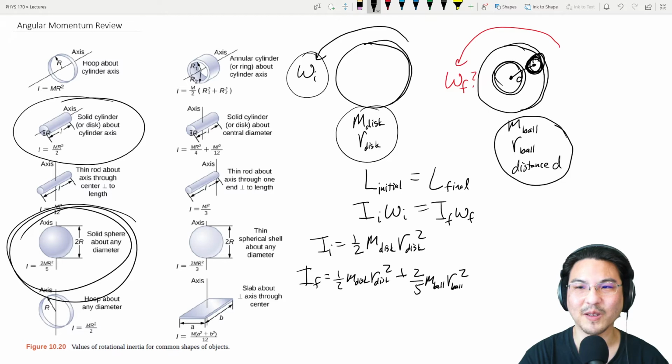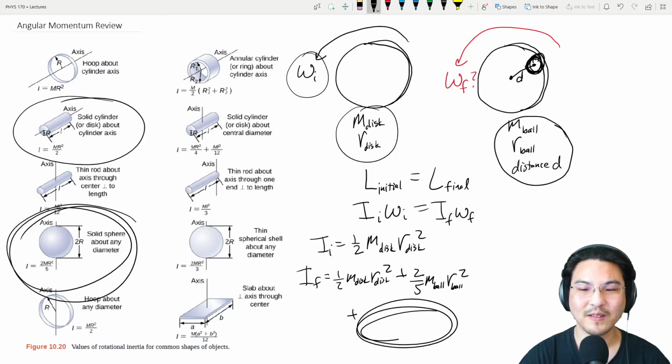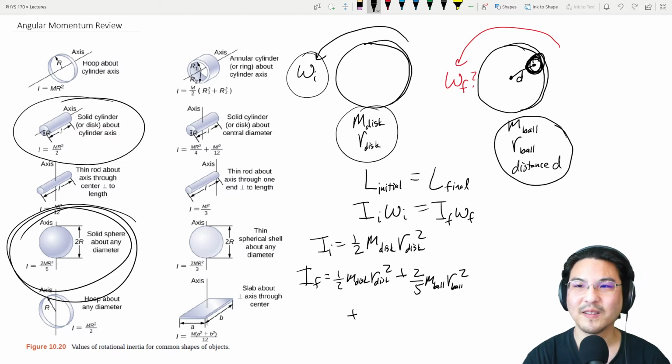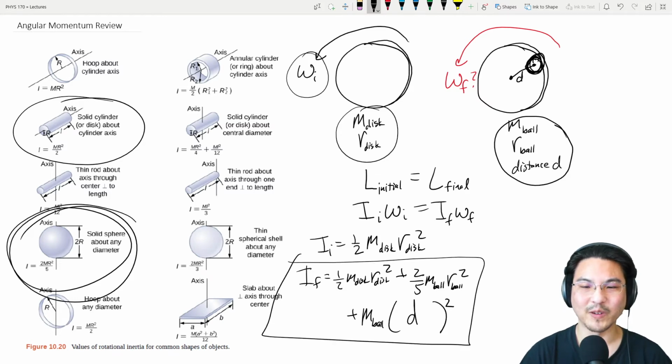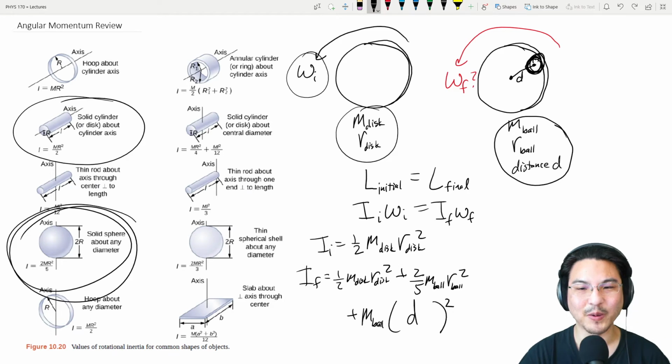It's rotating about the center of the pottery wheel. So plus extra. How much extra? The mass of the ball of clay times the distance between the two parallel axes squared. So what's the distance between the two? Right here, distance d. So there we go. This is the moment of inertia after we drop the clay on the pottery wheel. All right, so now we got everything we need to solve for that unknown.